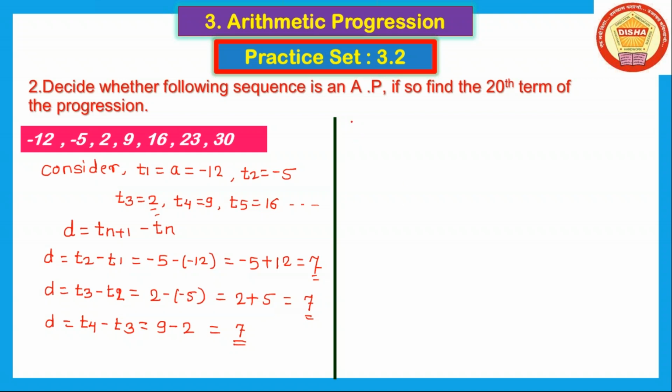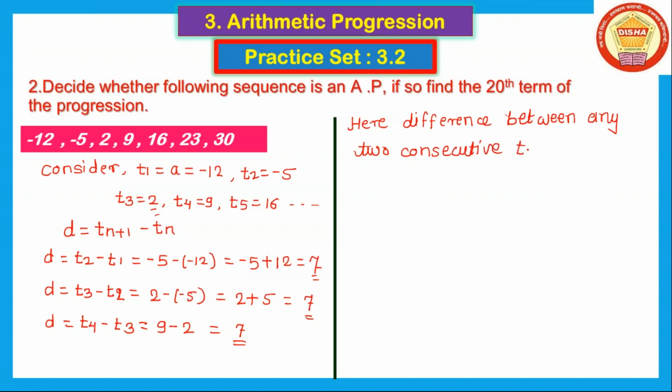So we write here: the difference between any two consecutive terms is constant, and it is 7.